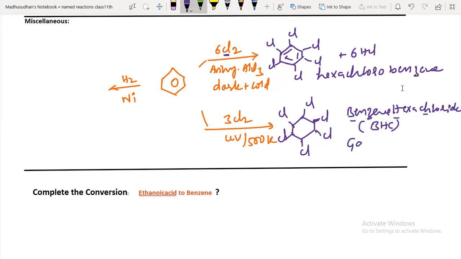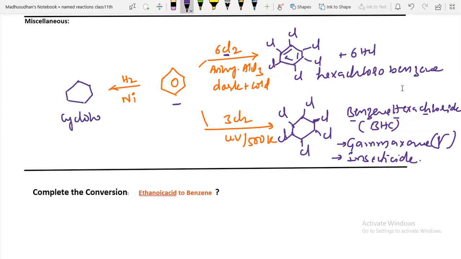It is also called gammaxane. It is a powerful insecticide. And which isomer of this BHC is more powerful? If they ask, it is the gamma isomer, gammaxane. Benzene again on reaction with hydrogen, all double bonds get hydrogenated, so we'll get cyclohexane.